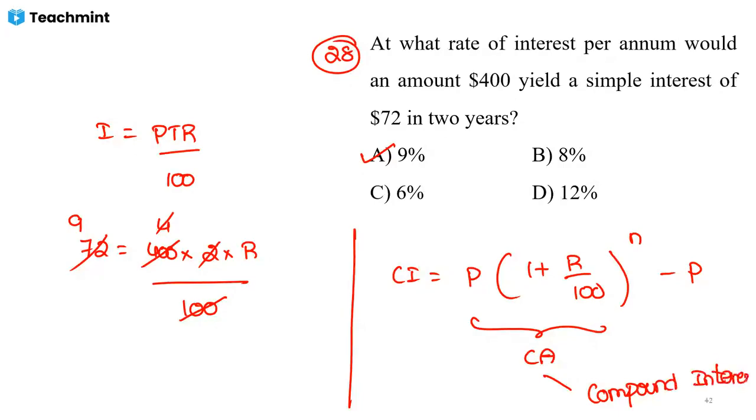They ask questions related to compound interest as well. When they use the word amount, don't subtract principal. When they ask interest, then subtract principal. Compound amount, this is compound amount. CI is compound interest, this is compound amount. Right.